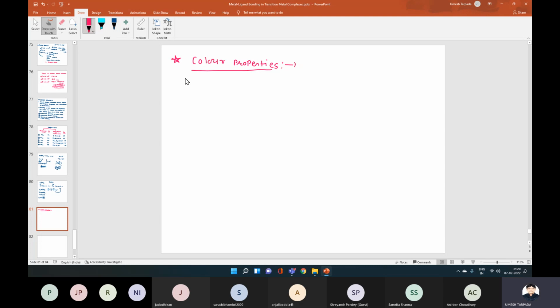Color properties of transition metals. So a complex shows color because of the d-d transitions.